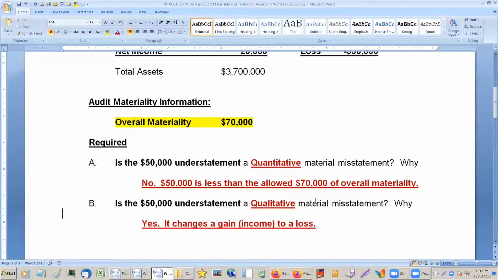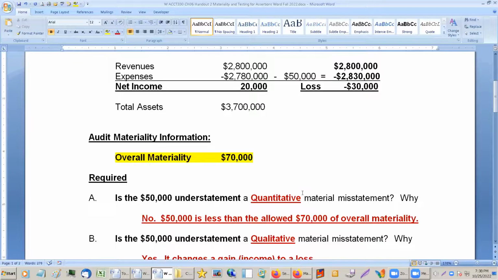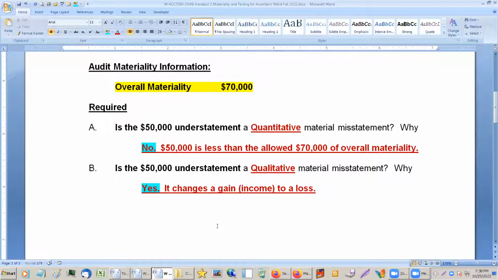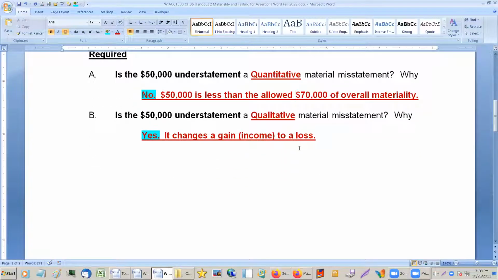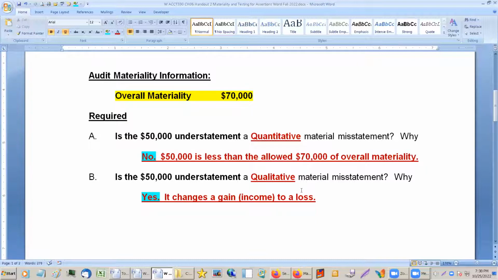So if it changes a trend, or changes a gain to a loss, or violates a contract, those are all things that, even though dollar-wise they're not material, qualitatively they are. So even though it doesn't reach the $70,000 level, it's still material. Question there?